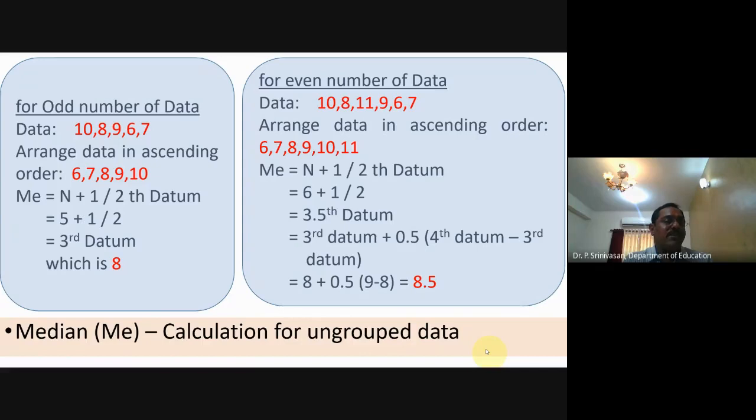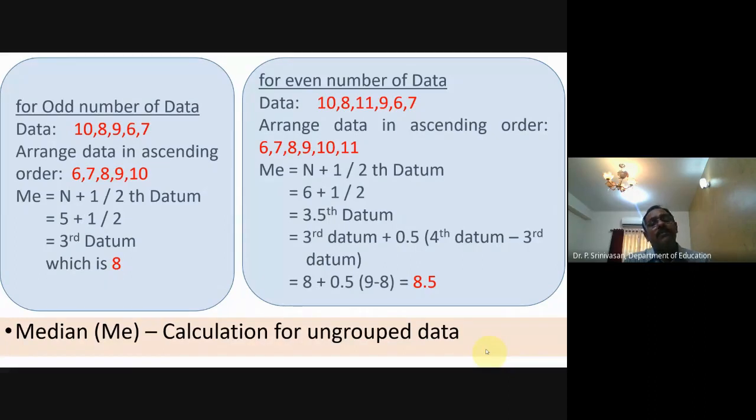So 50% lies on the left side, 50% lies on the right side. Hence, the third data is 8, so the median is 8. This is the simple way to find it, n plus 1 divided by 2. Okay.